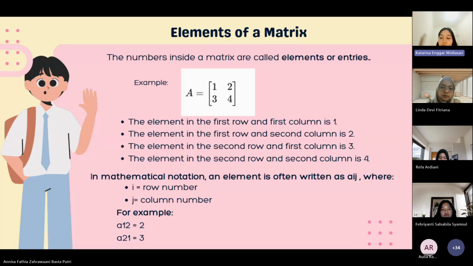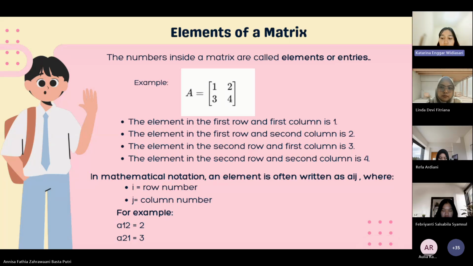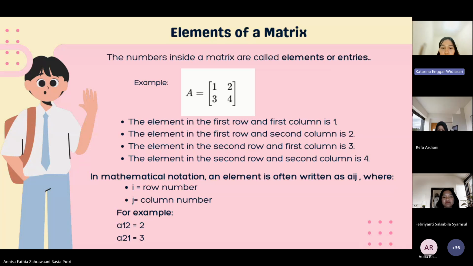In mathematical notation, an element is often written as a_ij, where i corresponds to the row number and j is for the column number. For example, A12 means the element in row 1 and column 2. Row 1 is horizontal 1 and column 2 is vertical 2, like this.